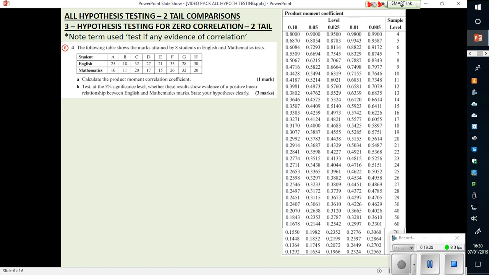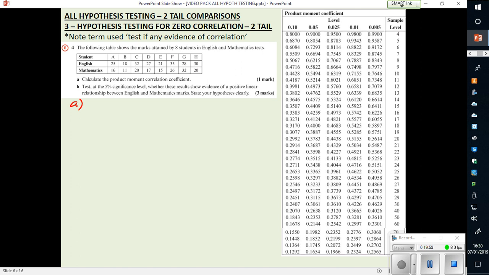So the following table shows the marks attained by 8 students in English and maths here. Calculate the product moment correlation coefficient. So this is a good chance for you to do this in your calculator at the same time as me. So you go to stats, you go to number 2, you've got X and Y. So you go 25, 18, 32, 27, 21, 35, 28, 30, and then we've got our Y lot of stuff.